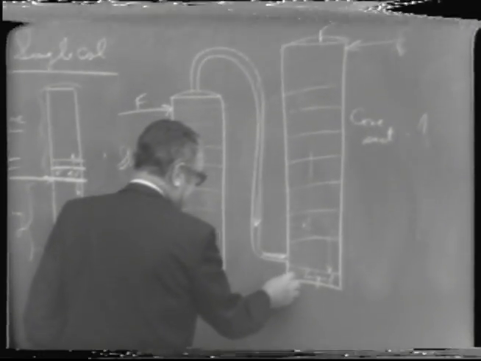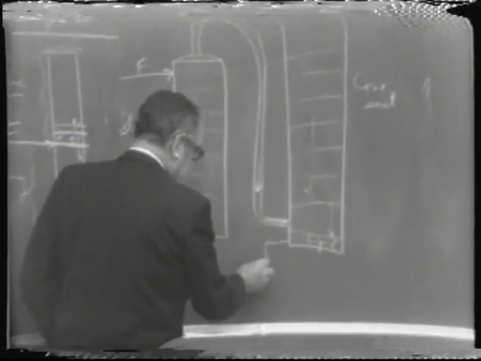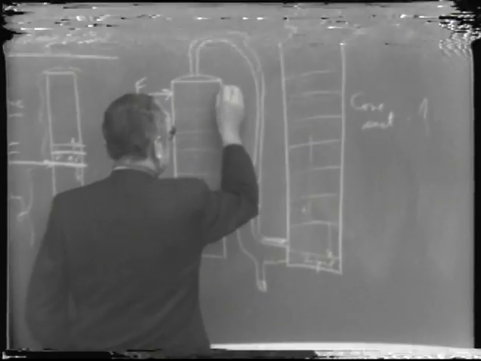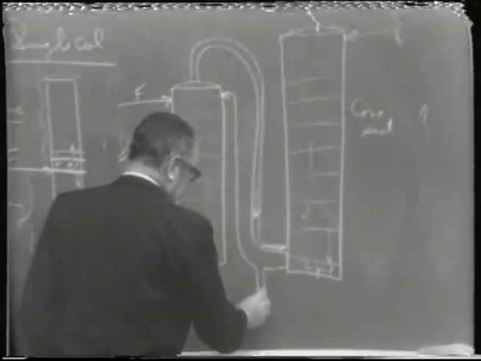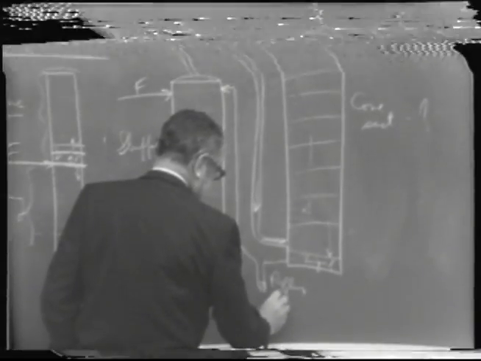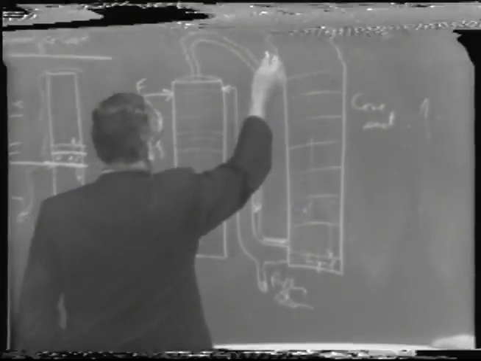In fact, you've got to provide a pump here and pump the liquid back to the top of this section here. So this would be the reflux pump or reflux return. So this is what we call a split column arrangement.